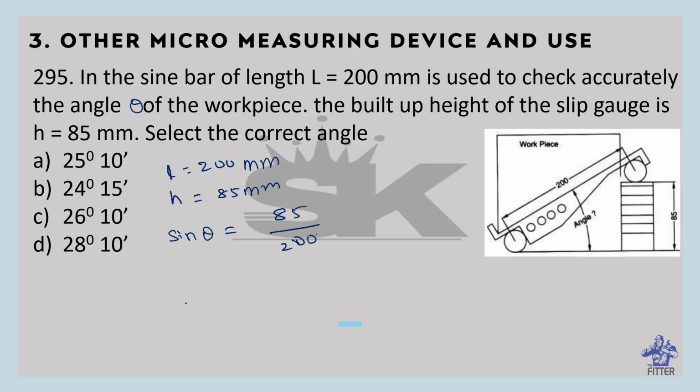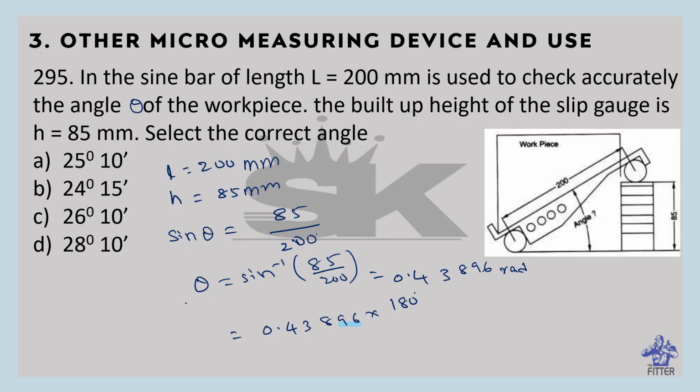Theta equals sine inverse of 85 by 200. It is around 0.43896, which is in radians. That can be converted into degrees: 0.43896 times 180 degrees by pi. That equals 25.151 degrees, which is 25 degrees 10 minutes.